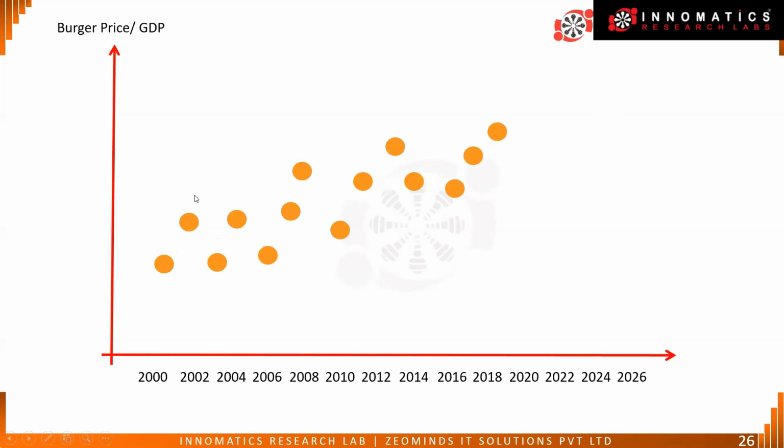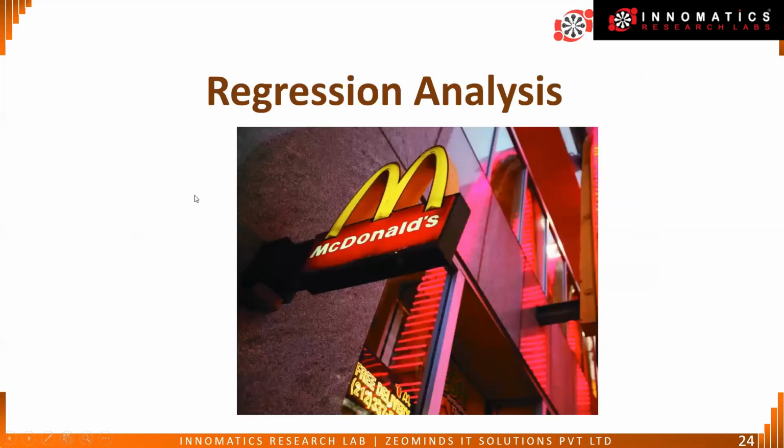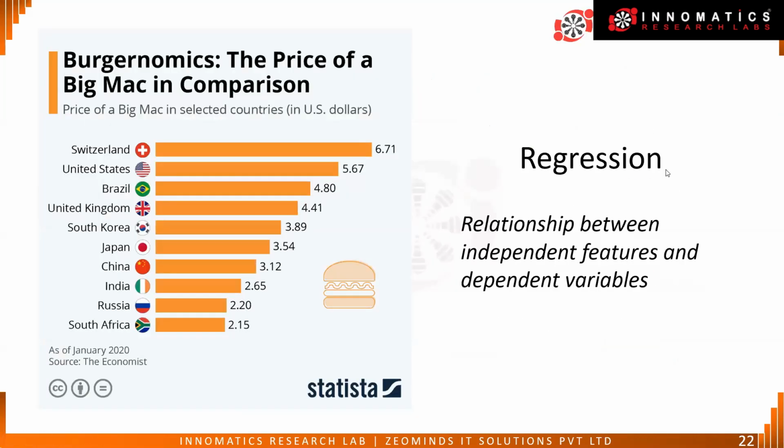Regression is an algorithm that talks about the relationship between two or more variables. Whenever you want to find the relationship between two variables, that is the concept of modeling. An easy to measure parameter is the burger price. A hard to measure parameter is GDP, and also the dollar price.